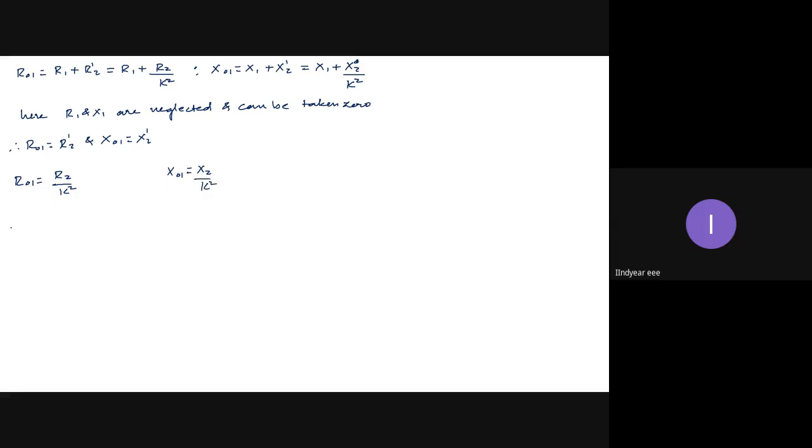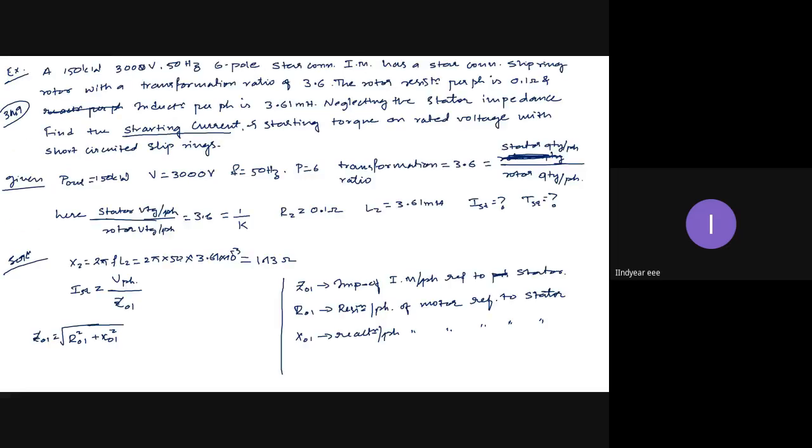And here we have 1 by K equal to 3.6. So 3.6 is equal to 1 over K, where K is the transformation ratio. So K is equal to 1 over 3.6.